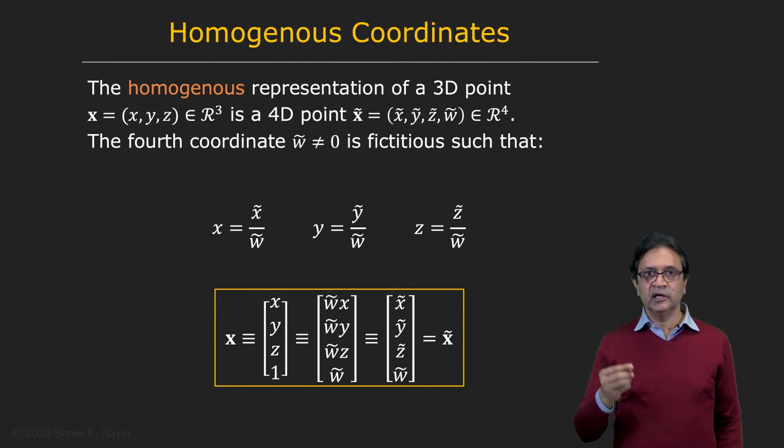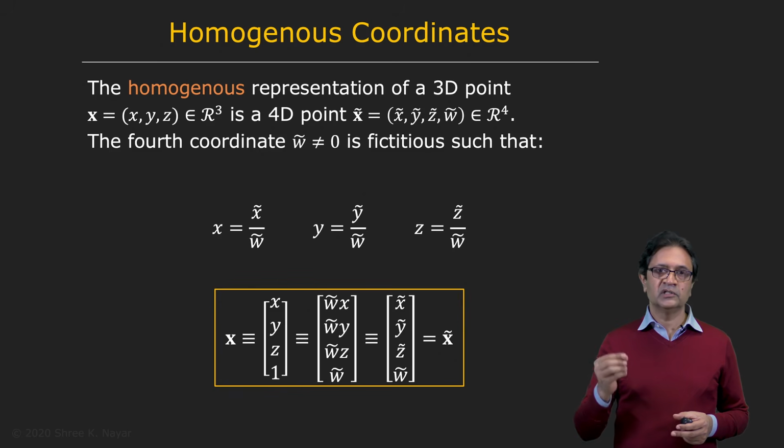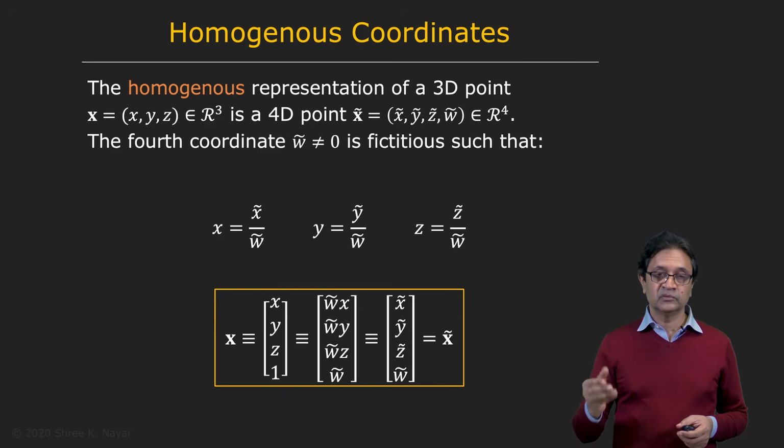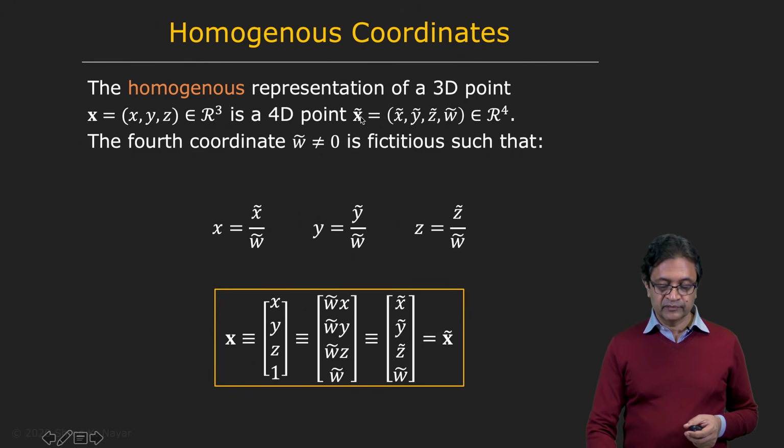Now, if you're looking at a 3D point that's given to you, let's say, for instance, the coordinates of a point in the world coordinate frame or in the camera coordinate frame, that is XC, YC, ZC, we can represent those as well in terms of homogeneous coordinates. For any 3D point X, you can represent it as a 4D point X tilde, where now the fictitious coordinate is again W tilde right here.